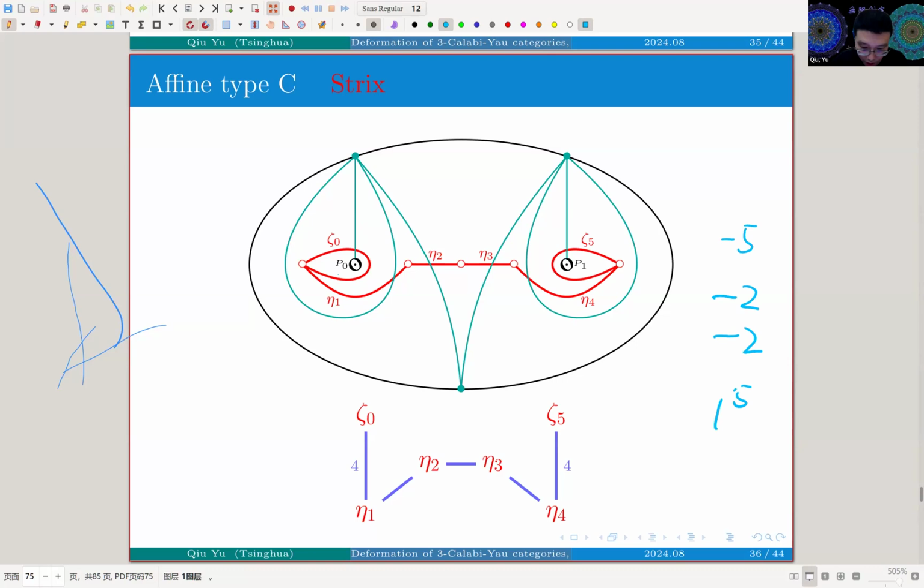So that's the quadratic differential we have. And then we have the corresponding diagram of affine type C5, each node of which corresponds to some element in the mapping class group.